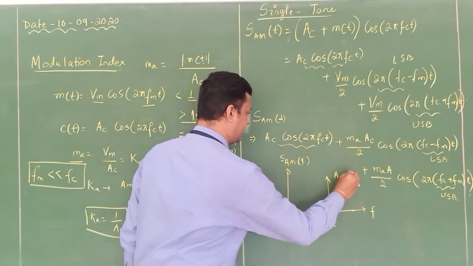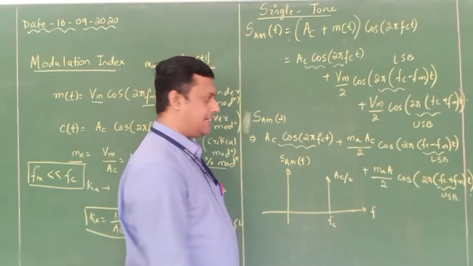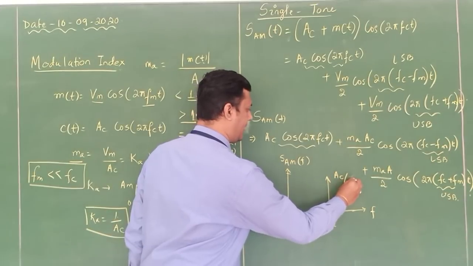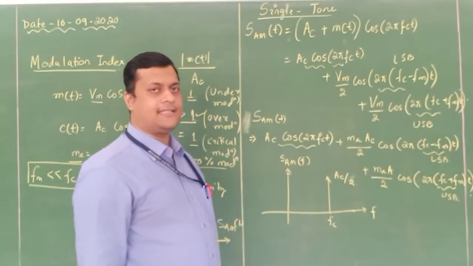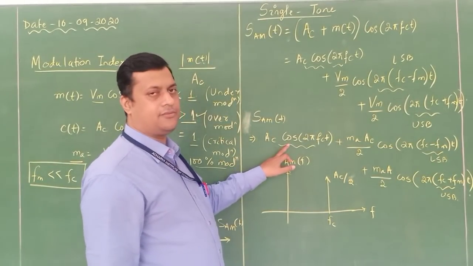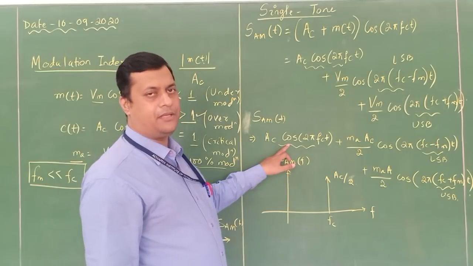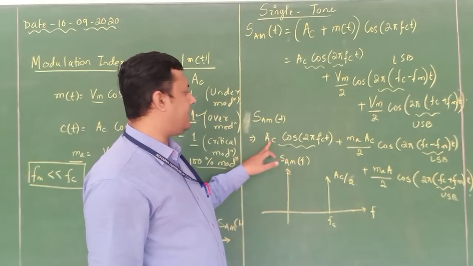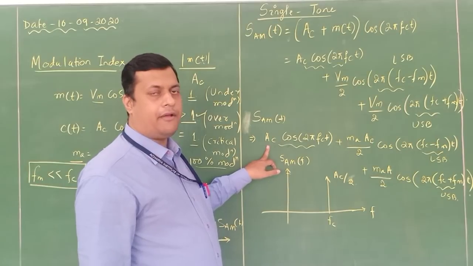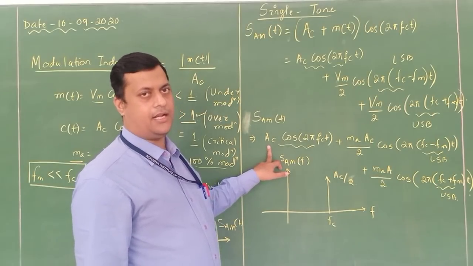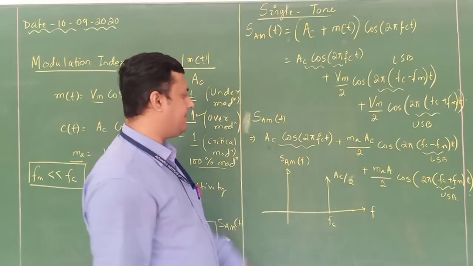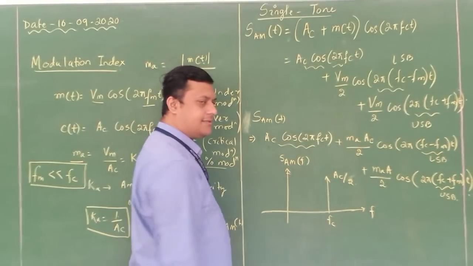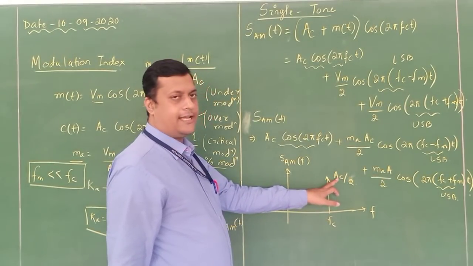It is Ac by 2, because last class we discussed why it is Ac by 2. Ac by 2 means if you expand this in terms of impulse function, it will become Ac by 2 into del of f plus Fc plus del of f minus Fc. Okay. So only the positive side I am considering, whose strength is Ac by 2.